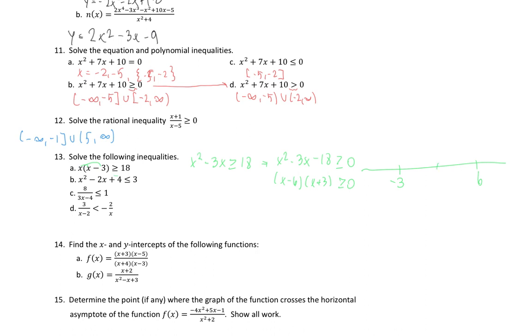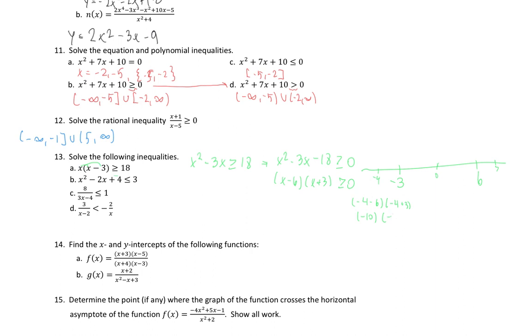So I'll check something in the middle of these. I'll do 0, I'll do minus 4, and I'll do 7. So if I plug in minus 4, I'm going to plug it into this factored form, because that might be a little easier. So minus 4 minus 6 times minus 4 plus 3. Minus 4 minus 6 is minus 10.